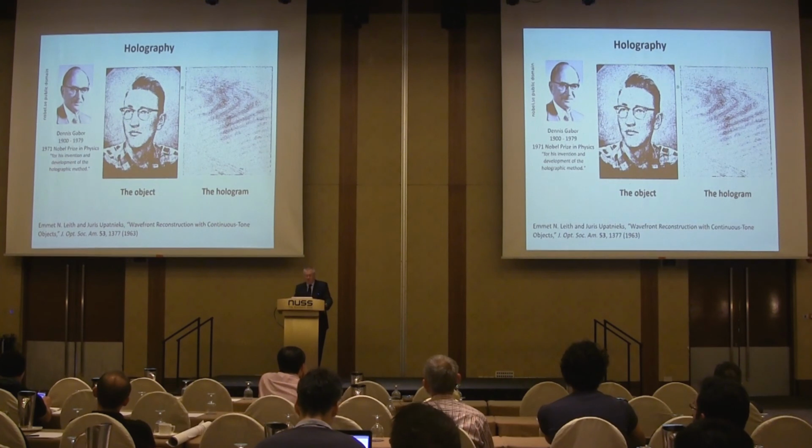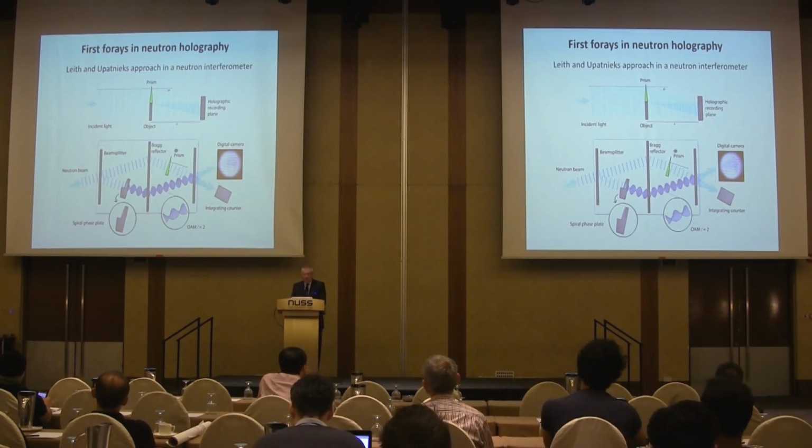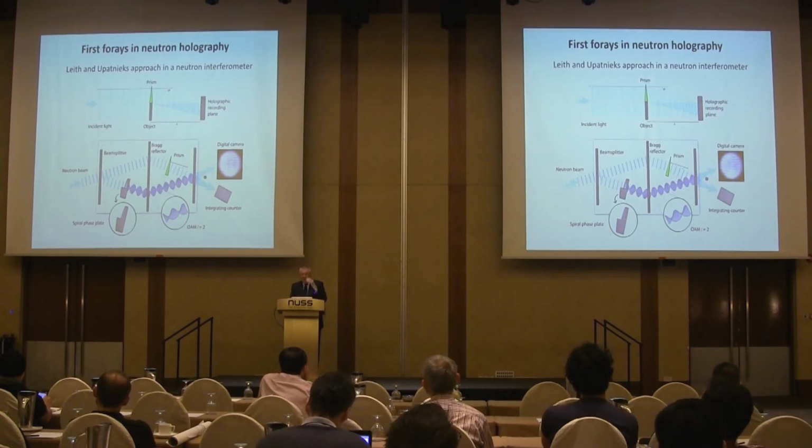Here's the beautiful picture used by Leith and Upatnieks in the early 1960s to make a hologram. And we did the same thing using, once again, the Mach-Zehnder interferometer with a prism, which is just a piece of quartz to give a linear phase shift of the reference beam, and then using a spiral phase plate in the object beam.